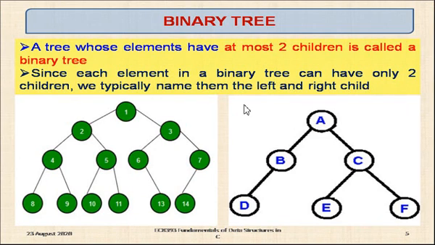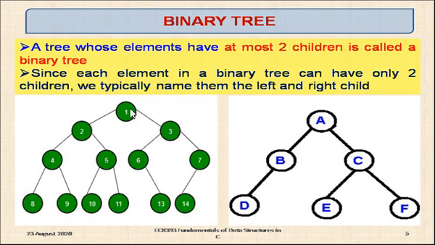And coming to binary tree. A tree whose elements have at most two children is called a binary tree. A is having two children, B and C. B is the left child and C is the right child.